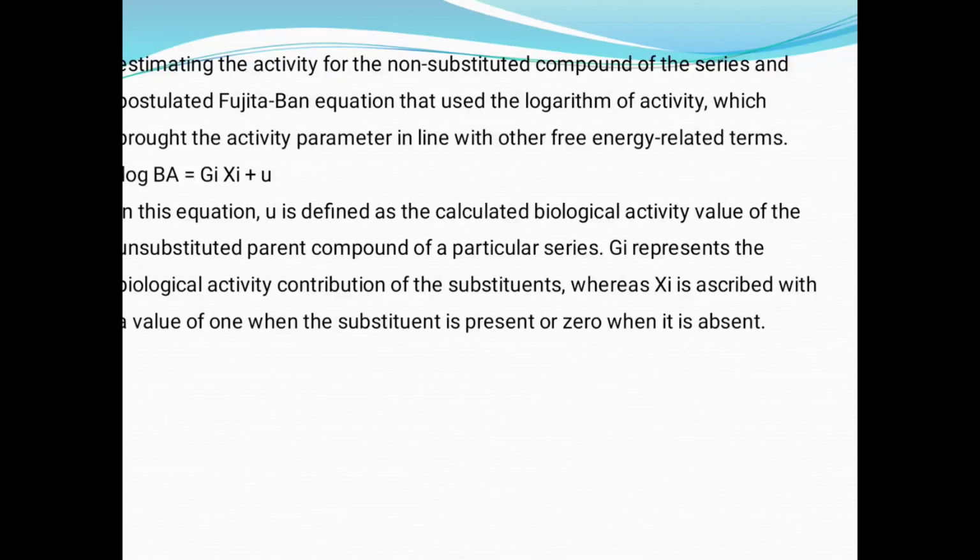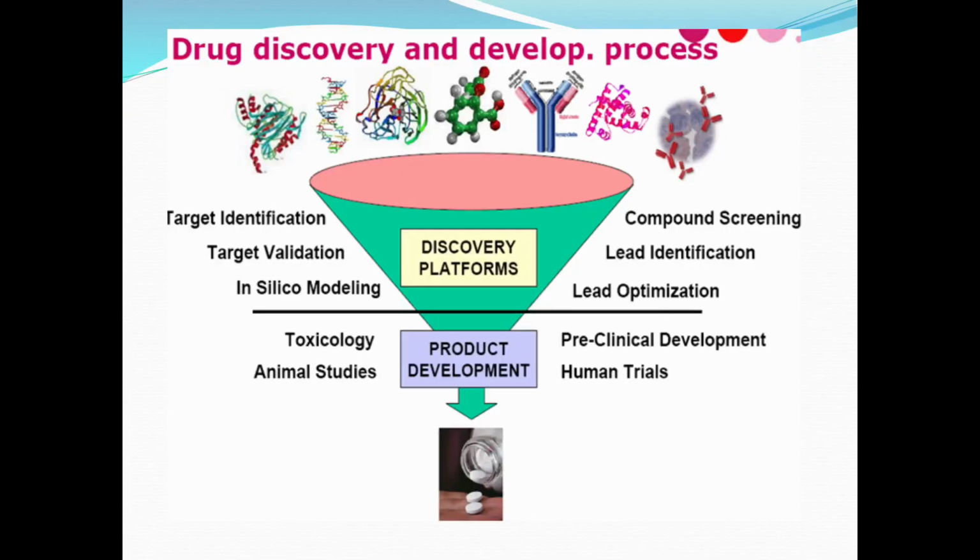But the Hansch equation particularly is even used today. So how do you discover a compound? You first do compound screening, then lead identification, then lead optimization, then target identification. For example, for anti-cancer activity, epidermal growth factor receptor is one of the enzymes that is expressed more in tumors.